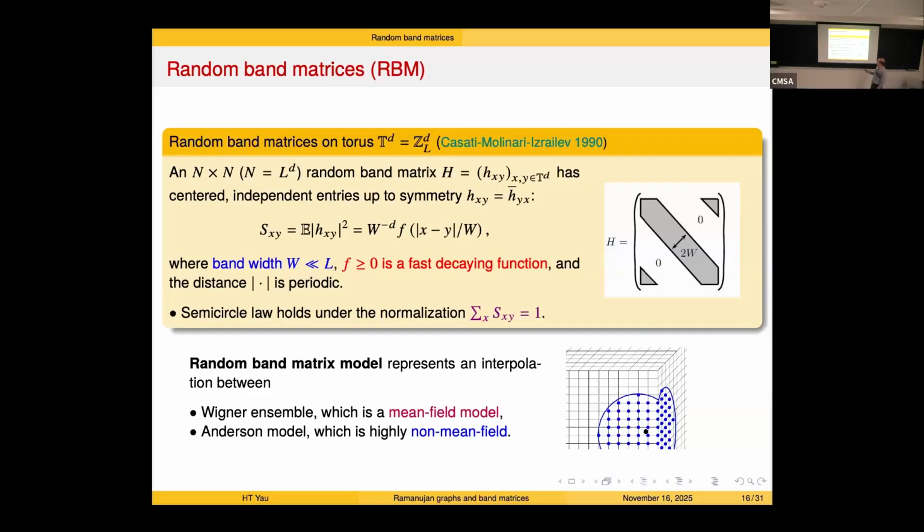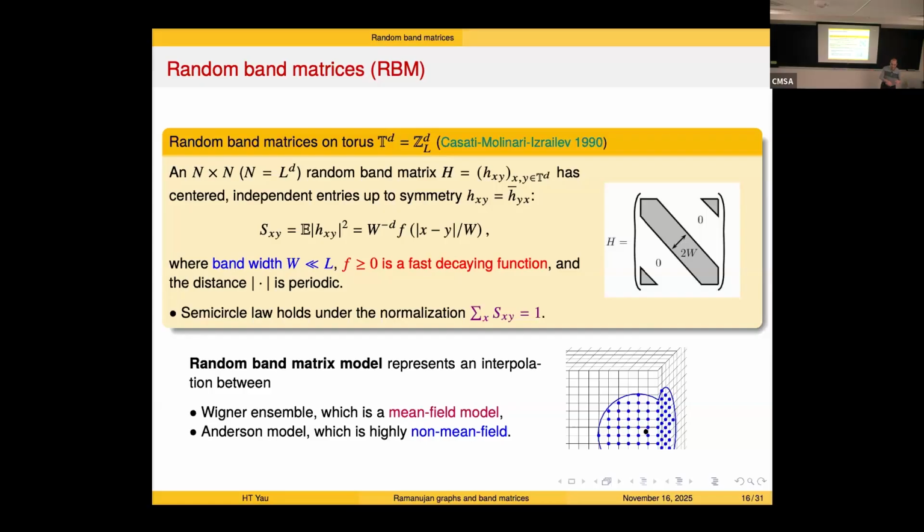So you can define the band matrix in any dimension. The Wigner matrix is quite fat, because every place has a matrix element. The Anderson model is the one where the randomness lives only on the diagonal. In physics, if the matrix elements live everywhere, it is something you call a mean field theory.